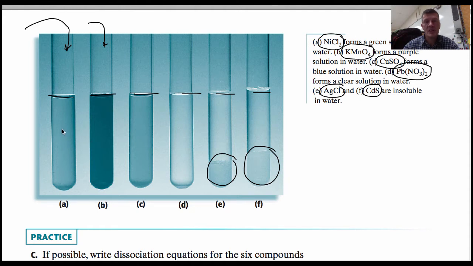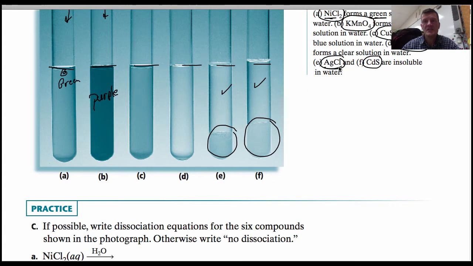There might be a color change because it says here nickel chloride actually forms a green solution. It turns it green. Okay, this is going to be green here. And then the potassium manganate forms a purple solution just because of the color of the ions that are in there. But all of them dissolved, or I should say dissociate, except these last 2.